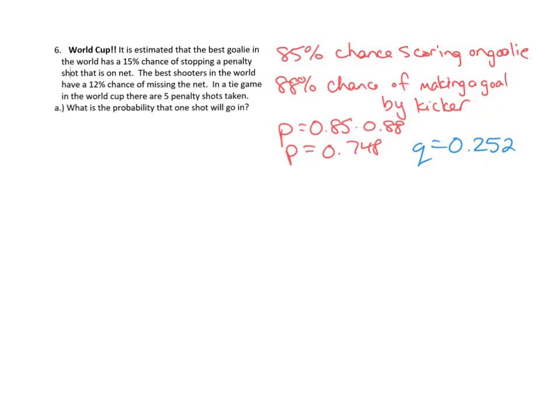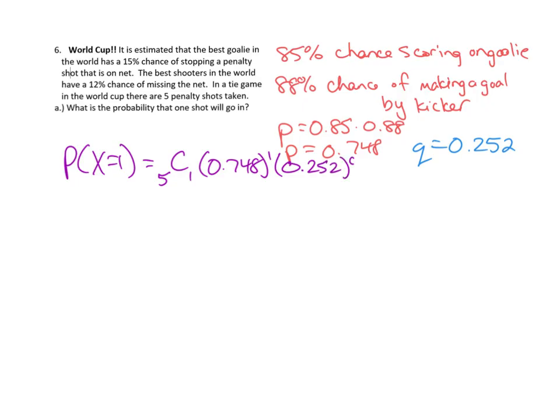Now we figure out the probability that one shot will go in. So we're looking for the probability of x equals 1. So that means that there is only a 1.5% chance that only one shot goes in.